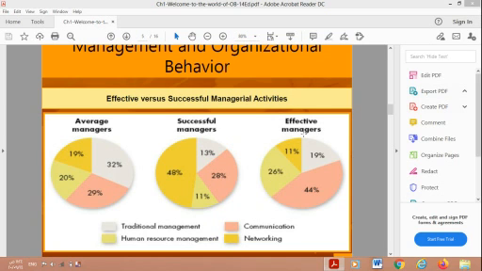Communication made the largest relative contribution, and networking the least contribution to the effective manager. So we can conclude from this study that managers who explain their decisions and seek information from employees are the most effective managers.